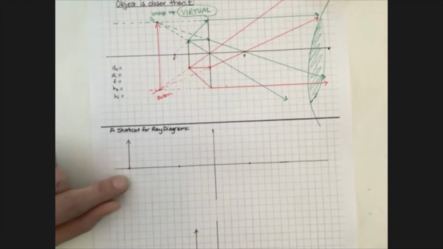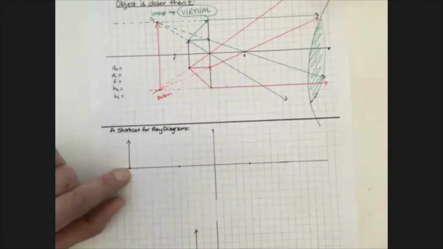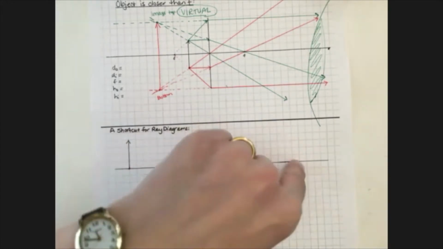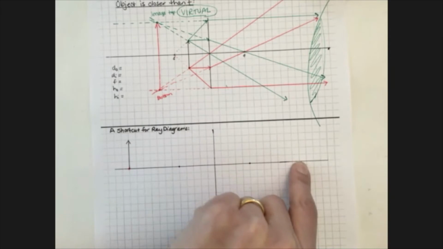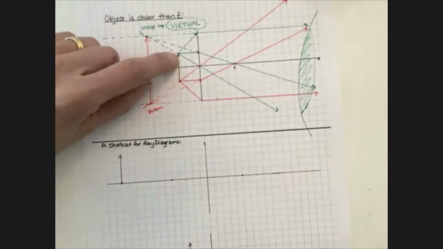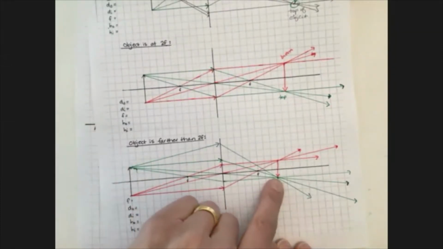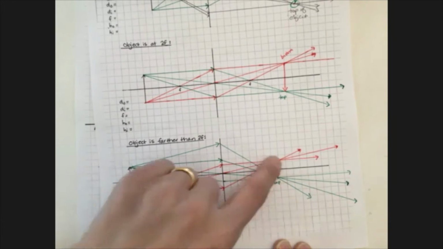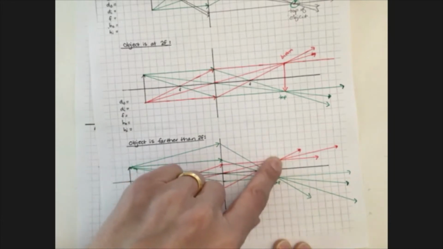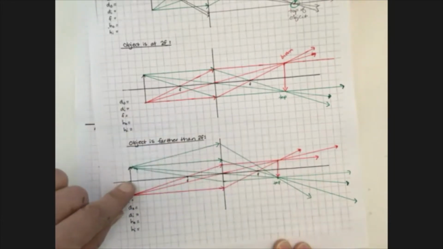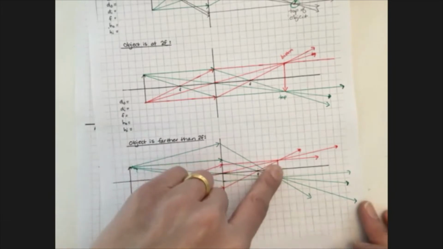And the reason for that is any light rays that start on the principal axis, their image will also be on the principal axis. You can see here that for this type of distance, when the light rays all start above, they all end up below. When they all start below, they all end up above. So you can get the idea that if they started on the middle, maybe they would converge again on the middle.